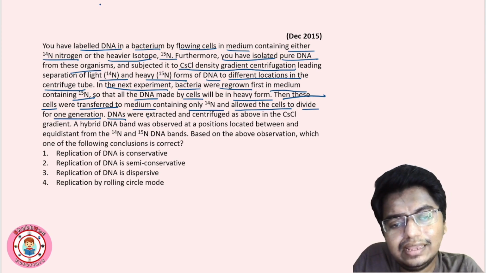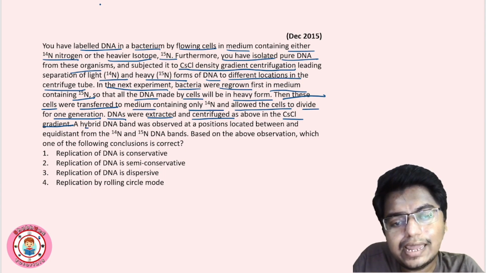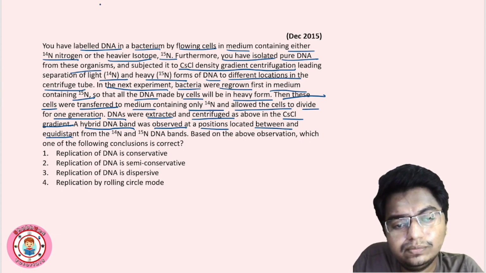DNAs were extracted and centrifuged again as above in the CsCl gradient. Now a hybrid DNA band was observed at a position located between and equidistant from the N14 and N15 bands.